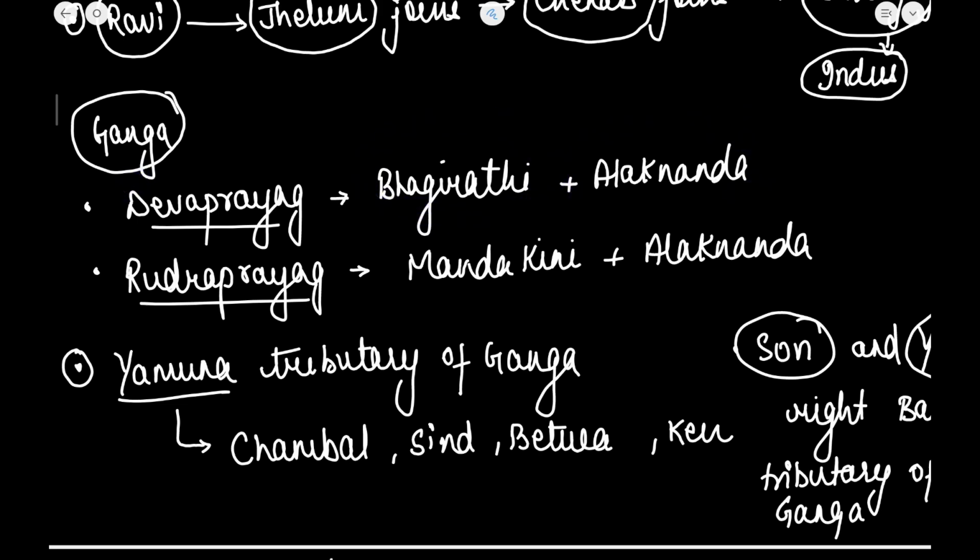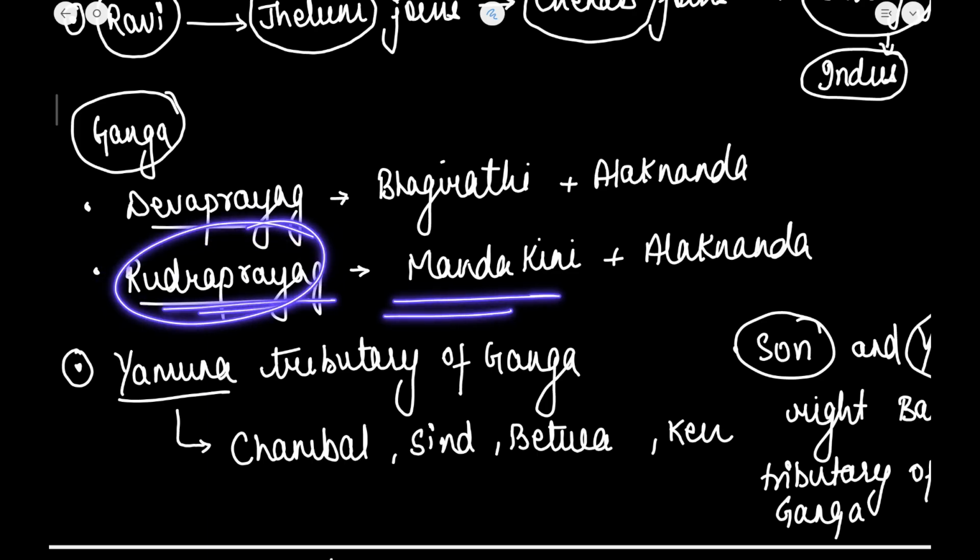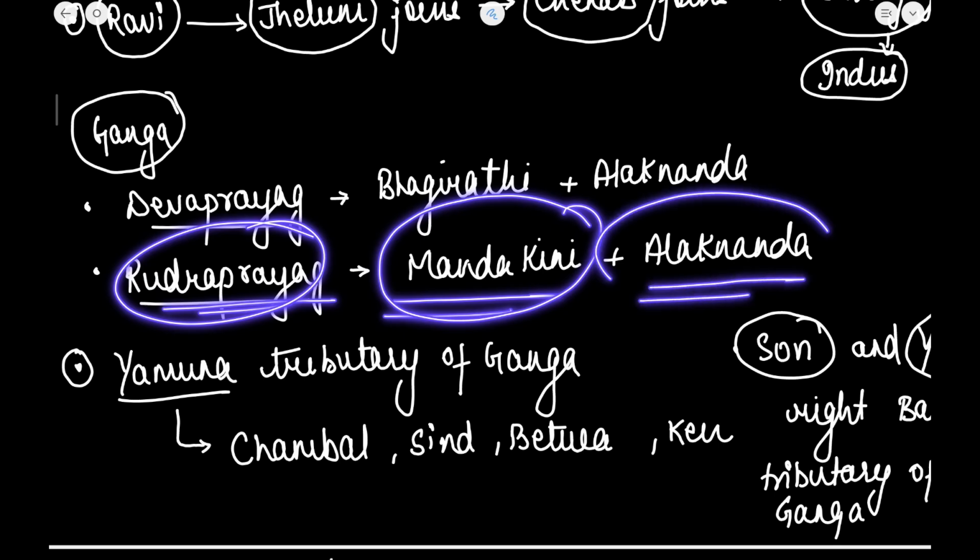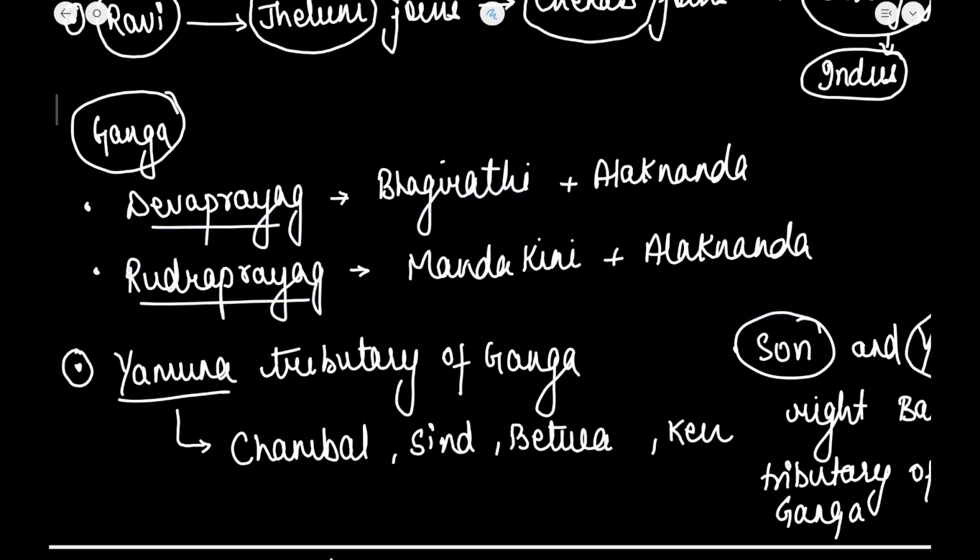Just like that, Rudraprayag is a place where there is a confluence of Mandakini river and Alaknanda river. Now then there is Karnaprayag, where the Pindar river meets the Alaknanda.